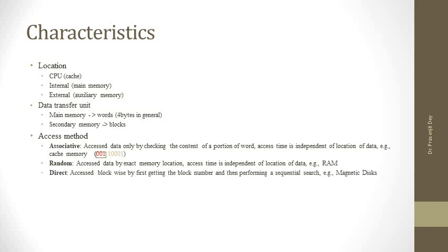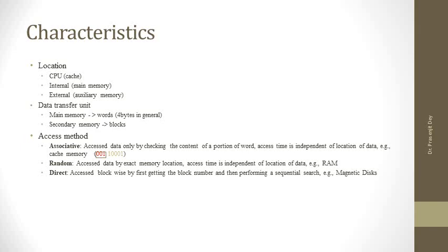The third access method is the direct access method. Direct access method consists of two passes. In the first pass, we get into the block location of a data just by knowing the block number, and after we get into the block where the data resides, we then perform a sequential search within the block to get into the exact location of the data.